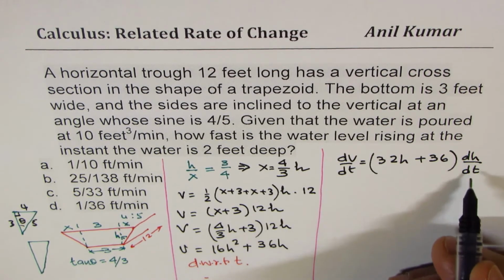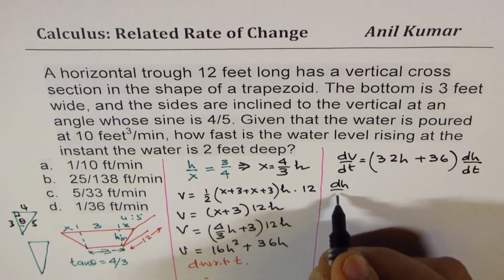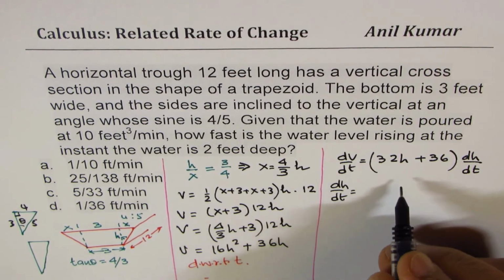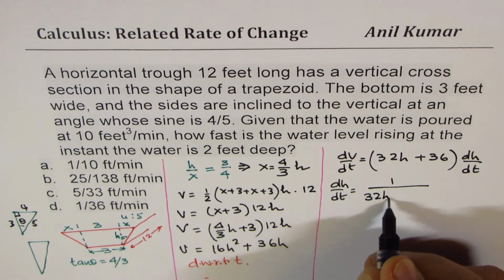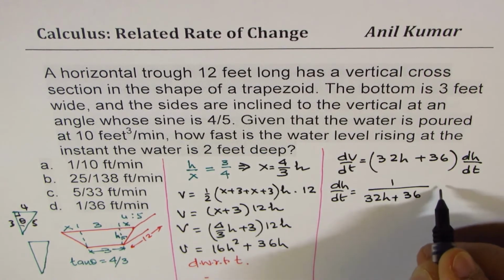So from here we can isolate dh/dt. So we get dh/dt as equal to 1 over (32h plus 36) times dV/dt.